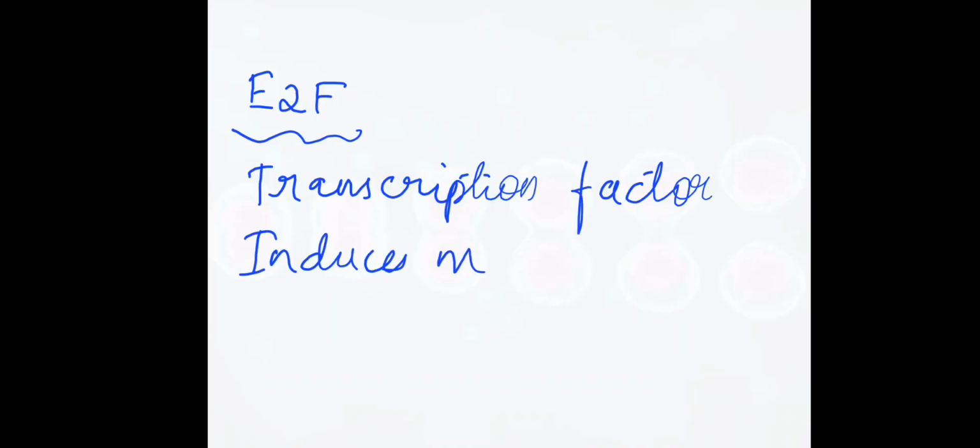The E2F which binds to the un or hypophosphorylated pRB acts as a transcription factor, and it induces many genes to transcribe.